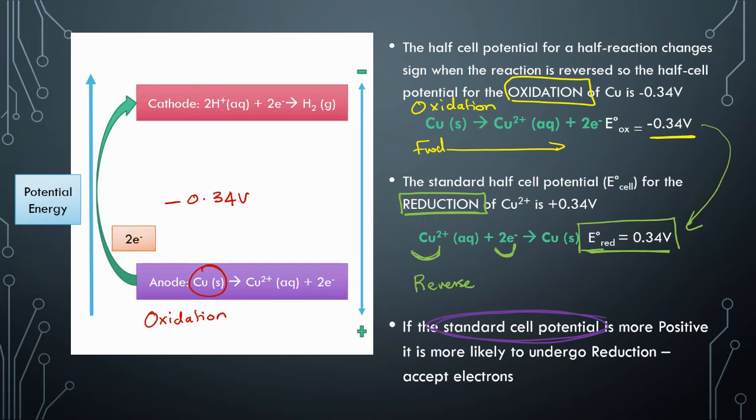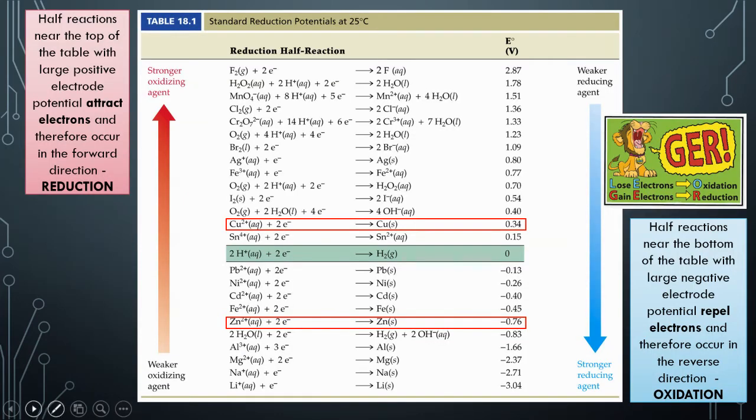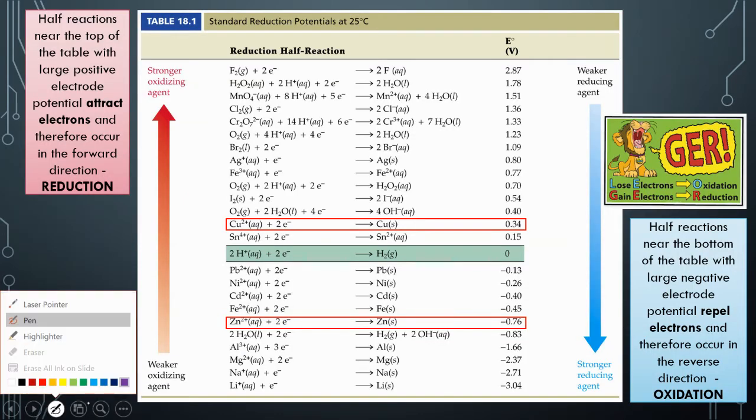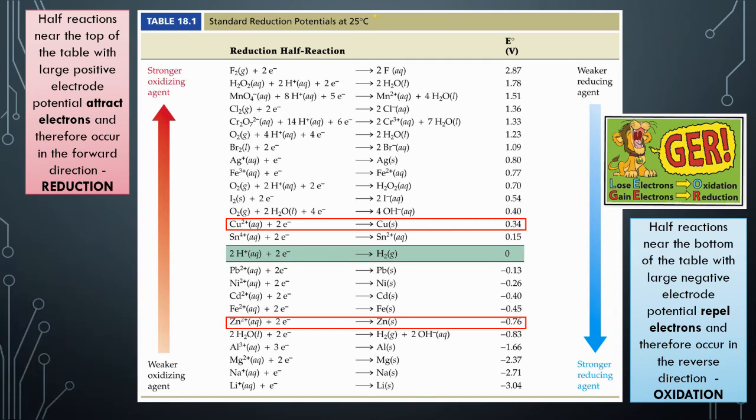If you have a negative value, you are more likely to give up your electrons and become oxidized. So here is the table full of reduction potentials. These are all reduction equations. These are all metal ions accepting electrons and becoming reduced into their solid form, or hydrogen or any species accepting electrons and becoming their reduced form.